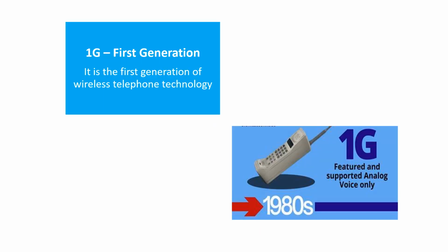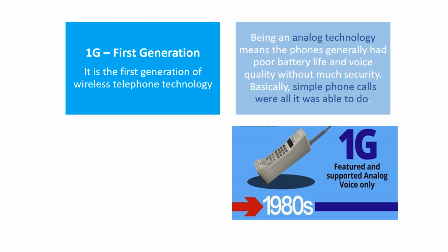First, we can see the 1G, that is the first generation. It is the first generation of wireless telephone technology. This is an analog technology, and that means it had poor battery life and voice quality without much security. Basically, simple phone calls were all it was able to do.